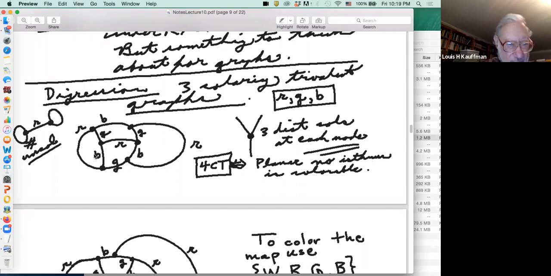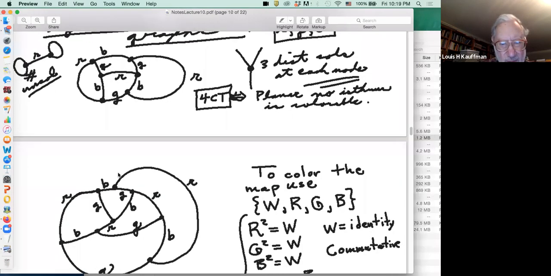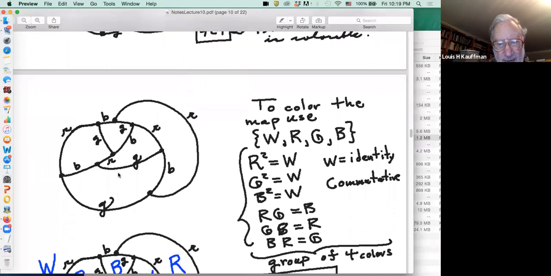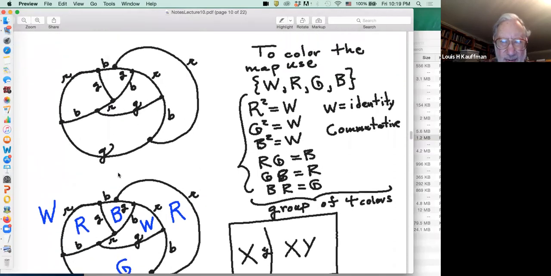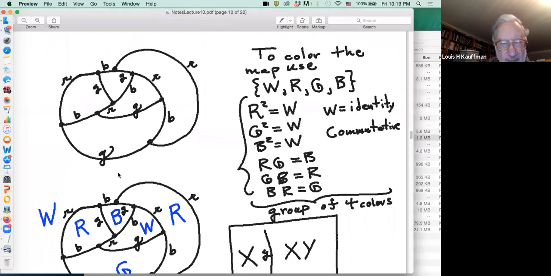You see, I have green, blue, red here, and green, blue, red here, and green, red, blue here. There are 2 possible cyclic orders, and this has been colored. It's worth understanding how the 4-color theorem is related to this, in case you haven't seen it before.